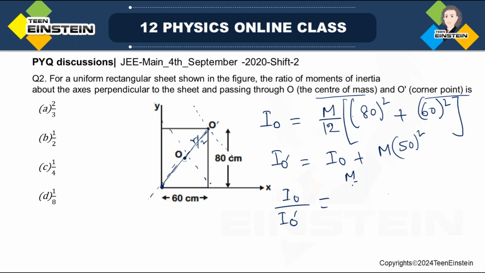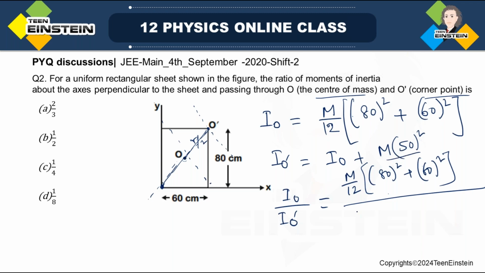This is m by 12, 80 square plus this is the square, and this is actually addition to this.